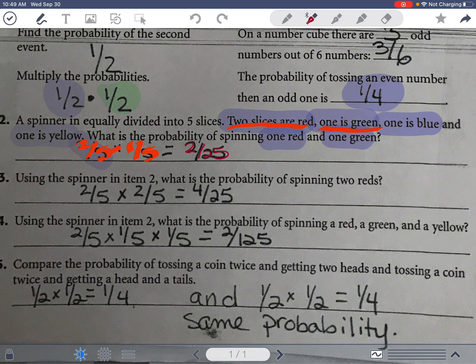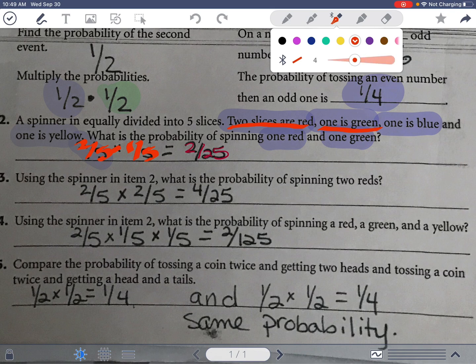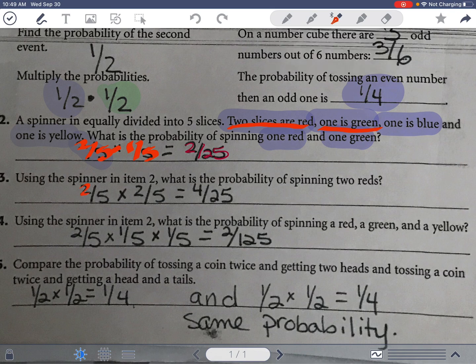Using the spinner in item 2, we're working on number 3. What's the probability of spinning 2 reds? Well, the probability of spinning a red, we've already determined, is 2 out of 5. And the second time will also be 2 out of 5. The spinner has 5 sections, and 2 are red.